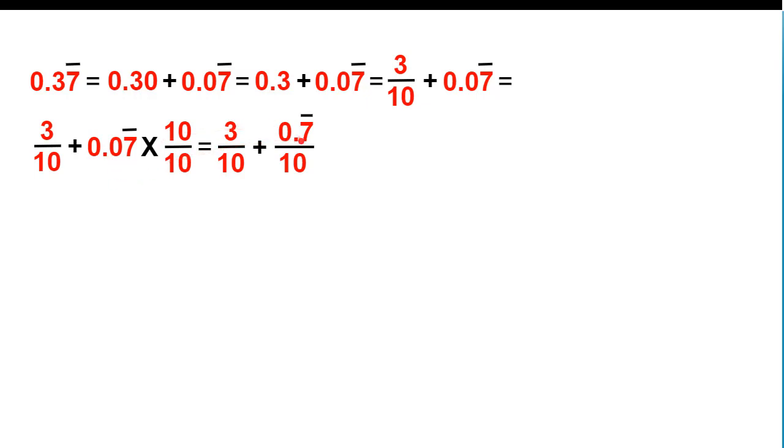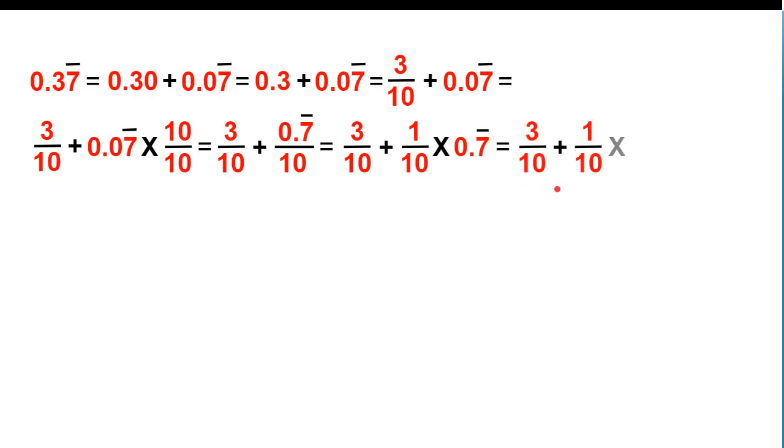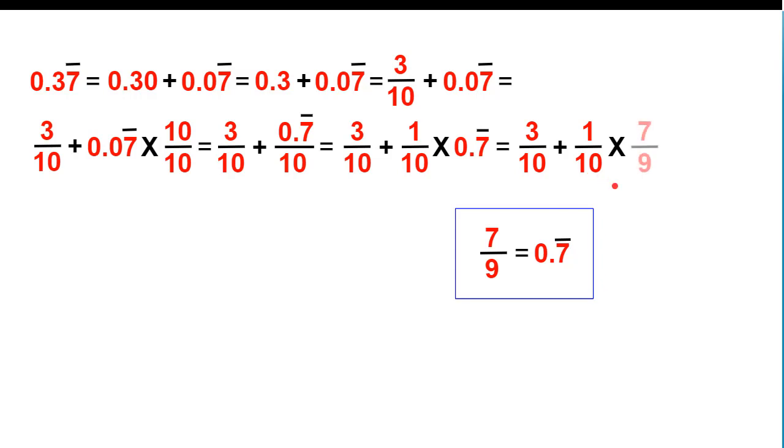0.07 times 10 is 0.7 recurring, divided by 10. 3 over 10 plus 1 over 10 times 0.7 recurring. And again, we'll use what we learned in the beginning of this lesson, that 0.7 recurring is actually 7 over 9, 7 ninths. And again, we have a sum of one simplified fraction and the multiplication of two others.